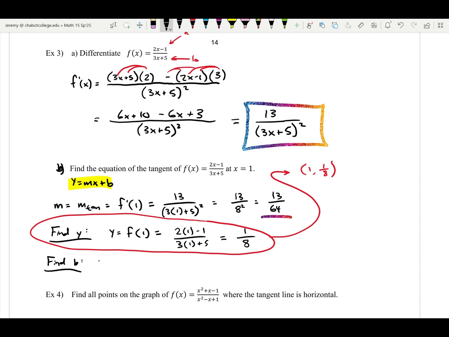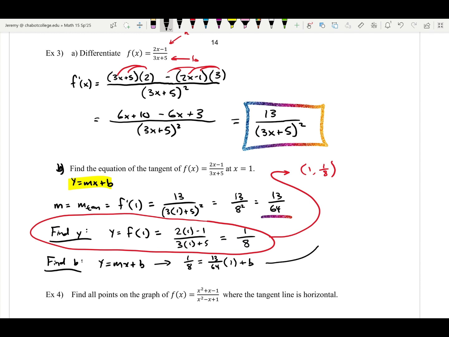Okay, so we're plugging into y equals mx plus b. I'll plug in 1/8 for y, 13/64 for m, 1 for x, and add that with b.